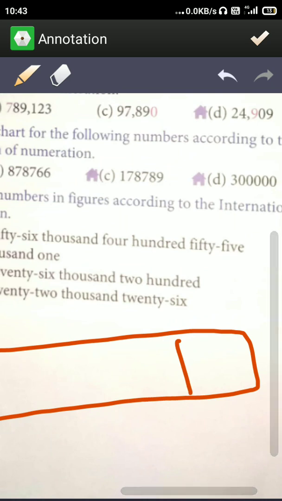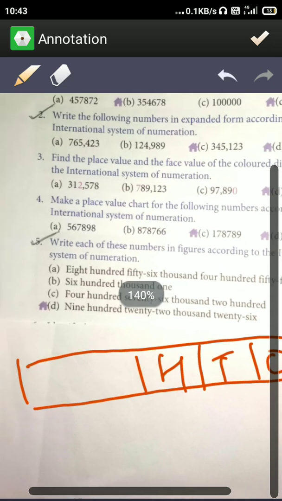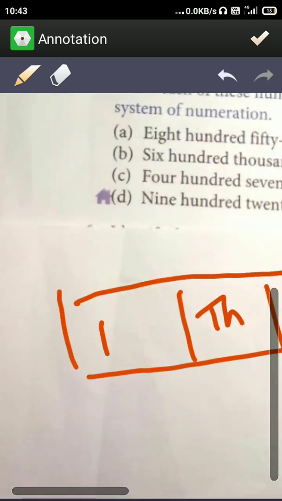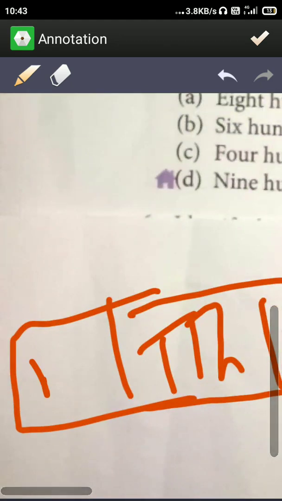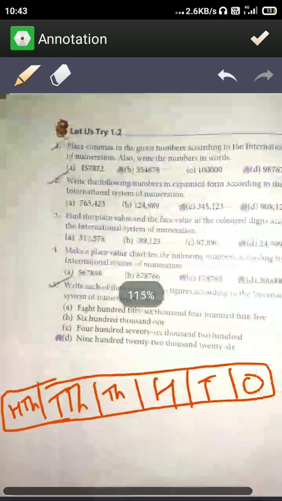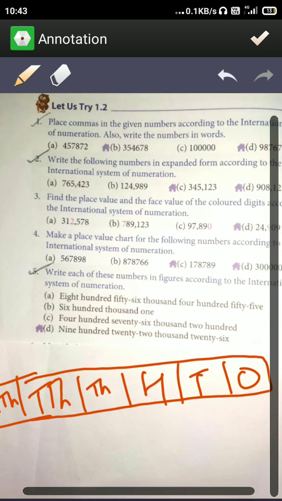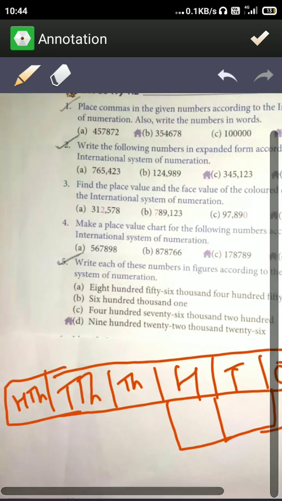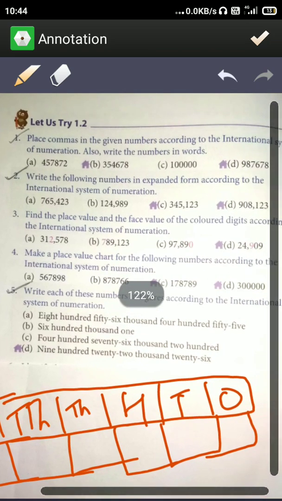Here ones, then tens, then hundreds, then thousands, then 10,000, and then 100,000. Then you need to place the number in the place value chart here. What is our number? 457872.